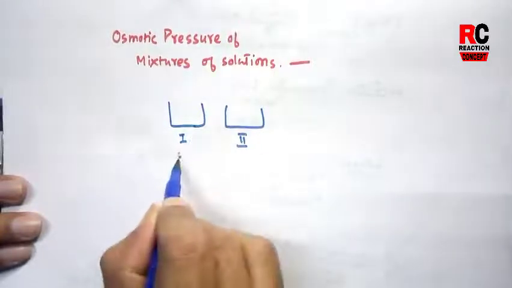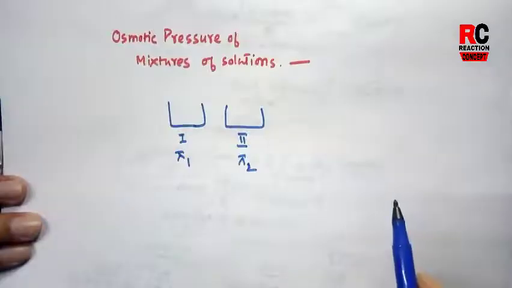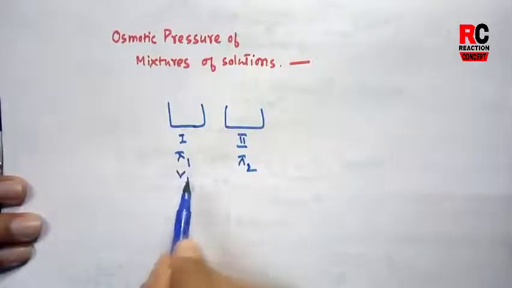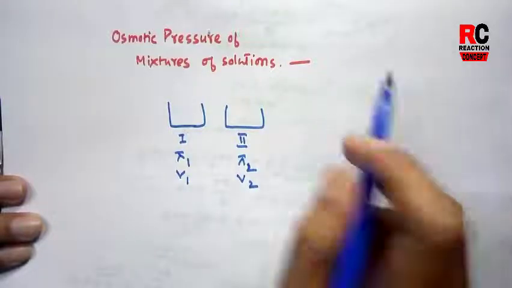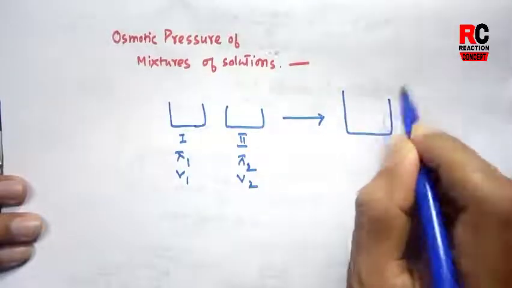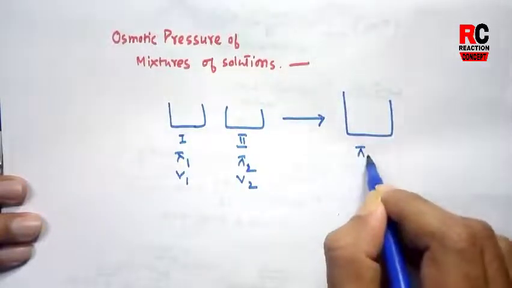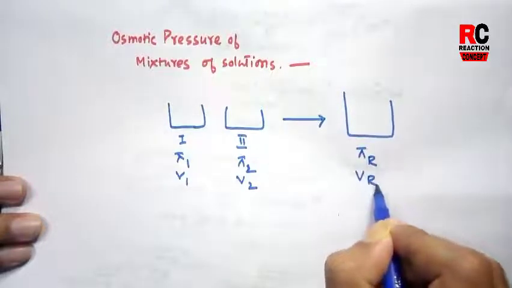These solutions have osmotic pressures of pi 1 and pi 2, and volumes V1 and V2. Suppose we mix these two solutions and we get a resultant solution with resultant osmotic pressure pi R and volume V.